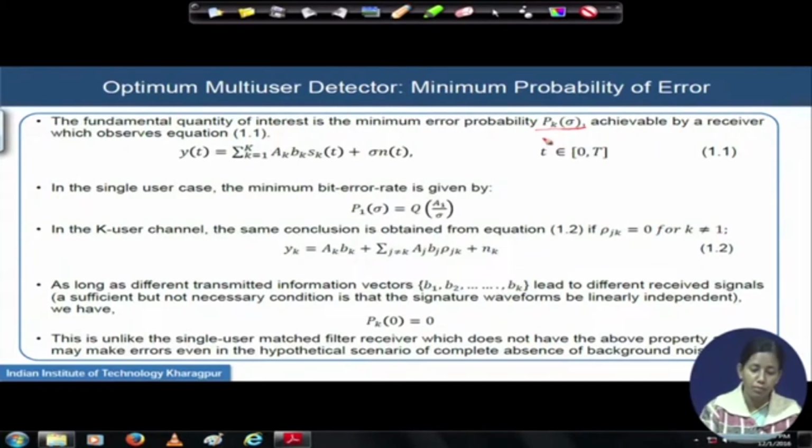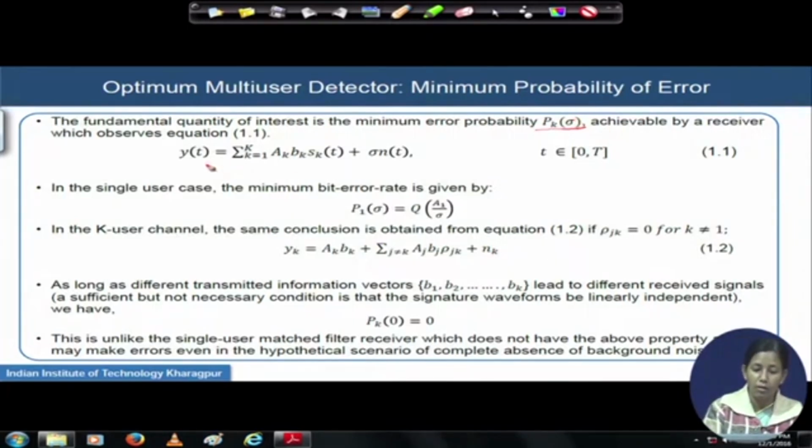Whenever we compute the minimum error probability, it is associated with a typical user, so this k parameter varies from user to user. In presence of noise, with noise variance sigma squared, P_k(sigma) is what you are trying to identify. The fundamental quantity is the minimum error probability achievable by a receiver.